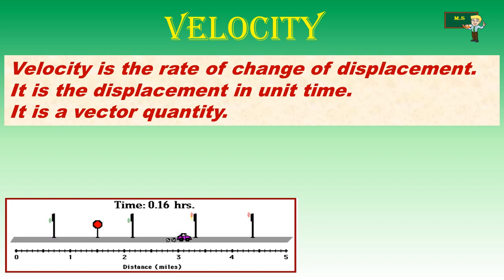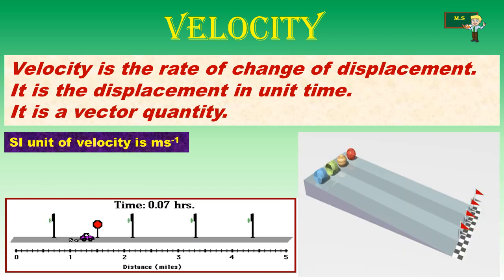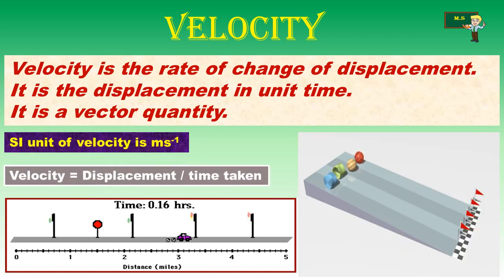For certain, the person or car should never change direction and return to the starting point. If he or the car returns to the starting point, then the velocity will be zero. The SI unit of velocity is m s minus 1.